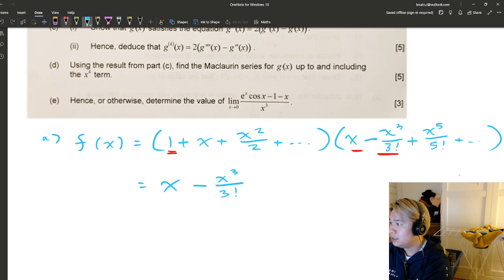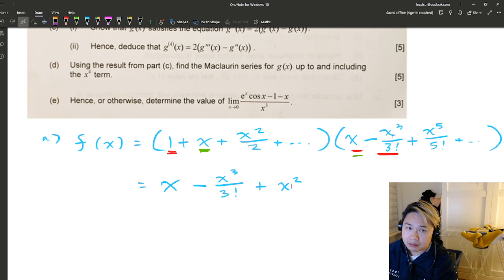So now we multiply x with x. That will make x squared. And then I think that's it, because if I take x and multiply by the next term, I'll get x to the power 4 or more.